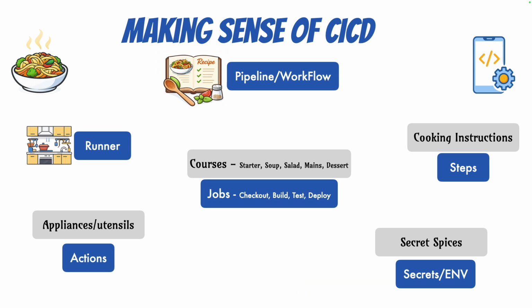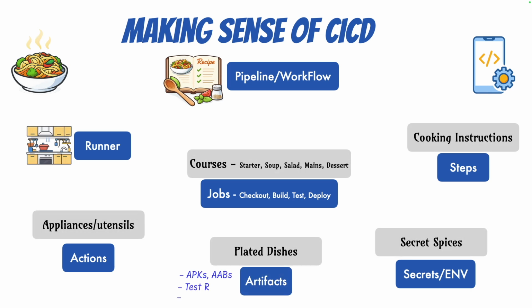And then finally, once you do all this cooking, you have to plate the dishes. And that dish is now ready to be served. In CI/CD, these are called artifacts. These are nothing but your APKs, AABs, test reports, logs, all those things. Artifacts are basically outputs of the pipeline. They are passed to quality assurance teams, users, and deployment teams.